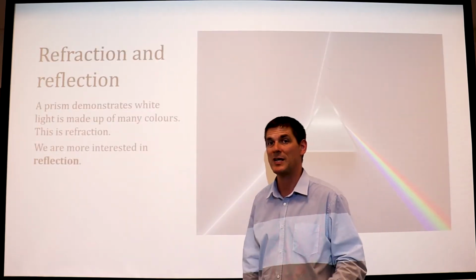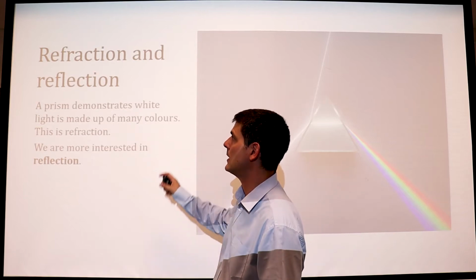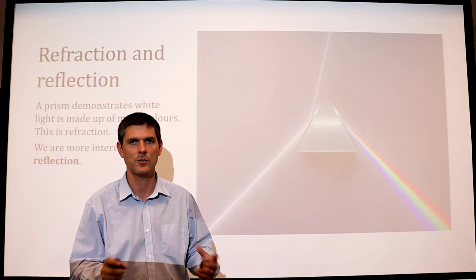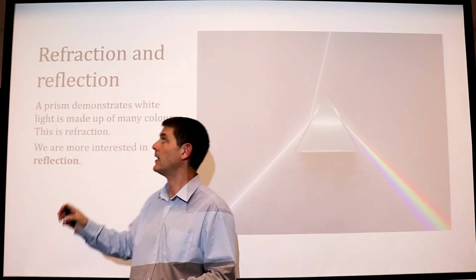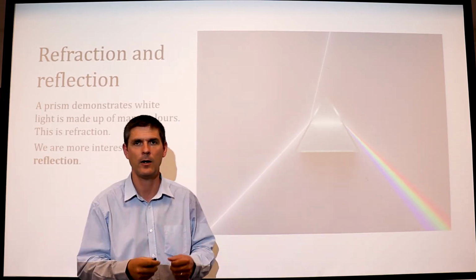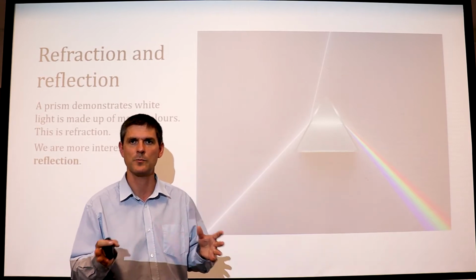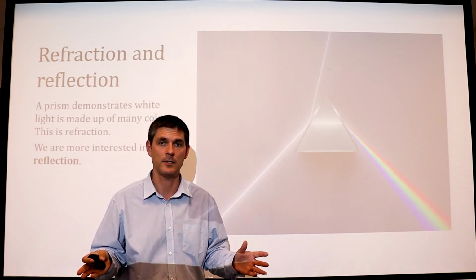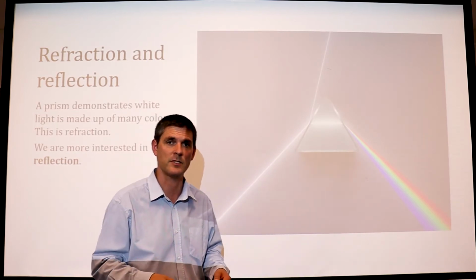So some basic science relating to light: refraction and reflection. There are two concepts here. Refraction talks about how we can split white light into its multiple colours. White light is made up of many wavelengths of colours. This is probably something you may have covered in science.